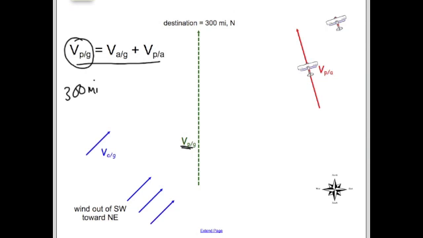Another common mistake. Notice this is a velocity triangle. There are no distances involved. They are only speeds. So this is my resultant. Namely, I want to add these two vectors up so that I end up with a sum that's pointing north.